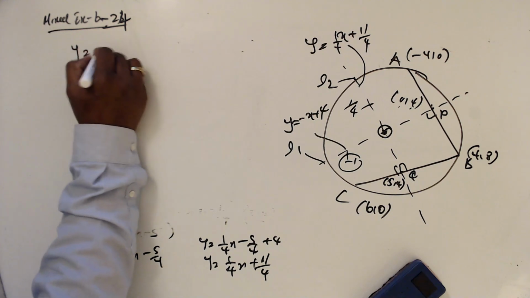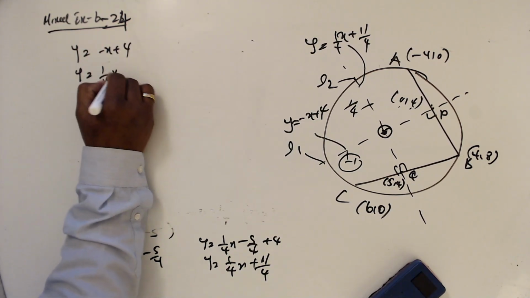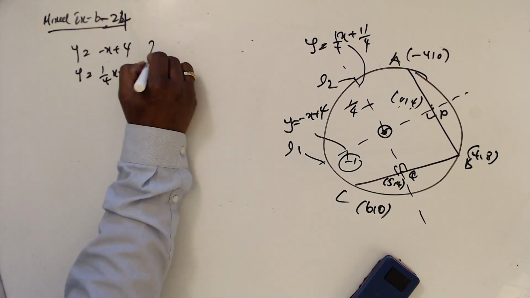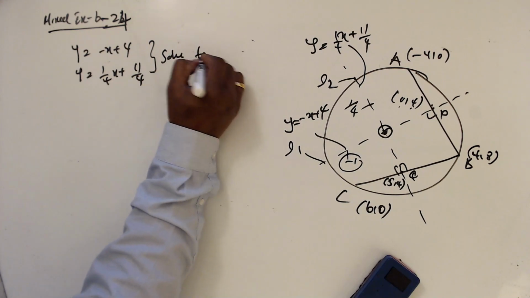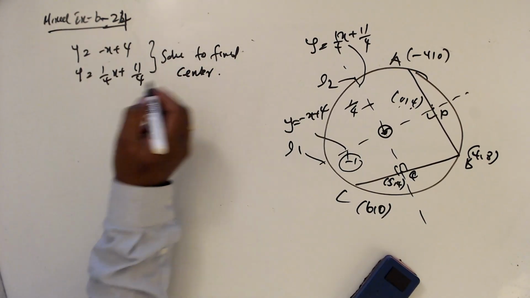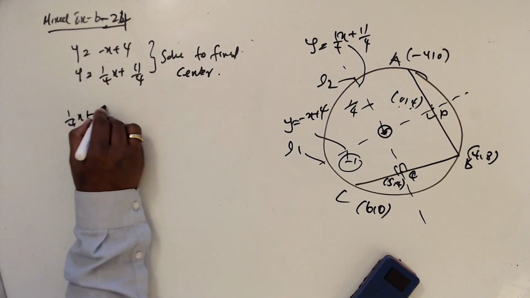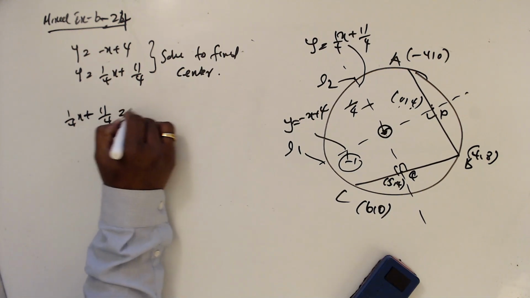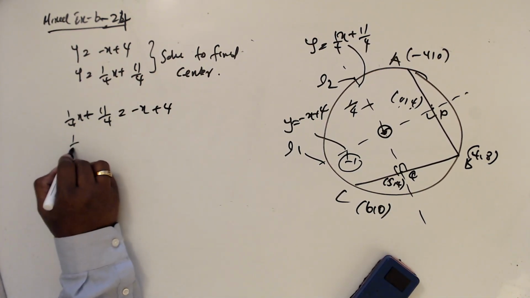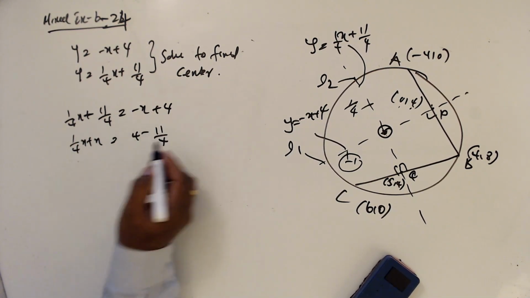y equals minus x plus 4 and y equals 1 over 4 x plus 11 over 4. So we solve to find the center. 1 over 4 x plus 11 over 4 equals minus x plus 4. Then 1 over 4 x plus x equals 4 minus 11 over 4.